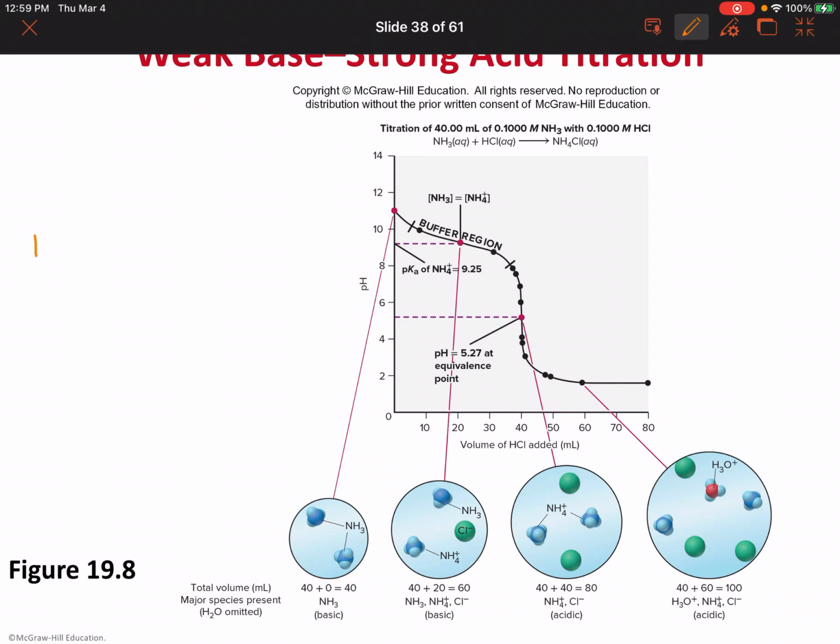So ammonia reacts with HCl and will give you ammonium chloride, NH4 plus ions.